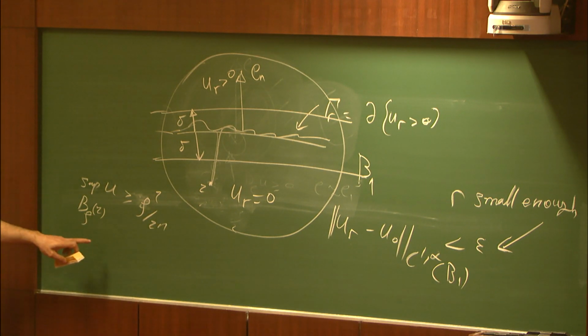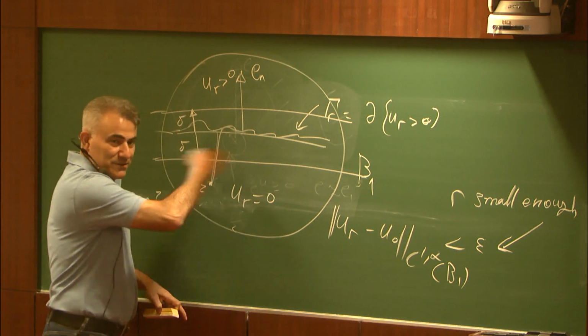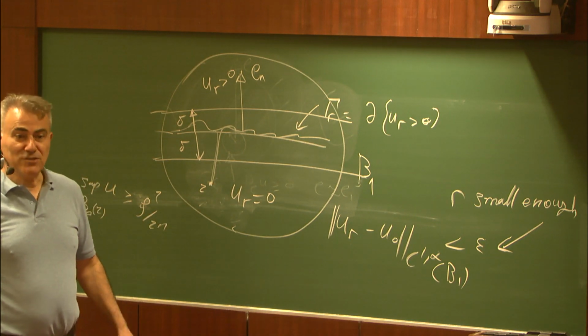This is the non-degeneracy you have in one of the lemmas. So it means that the supremum of u will not tend to 0 if I have such a situation. But I'm saying that it actually tends to u0, and u0 is completely 0 here. So I'm getting a contradiction.